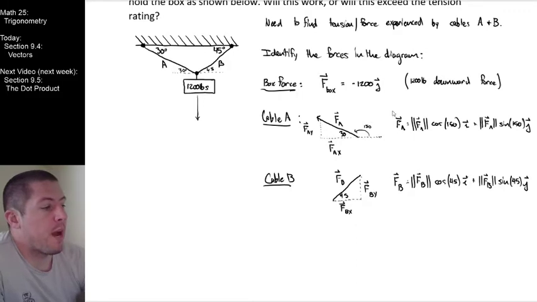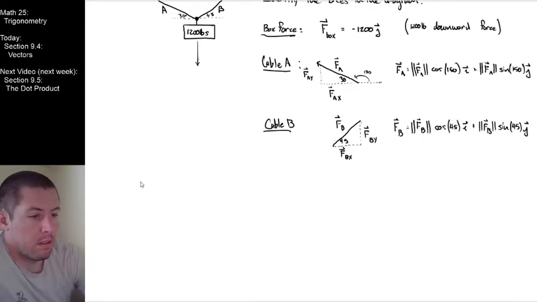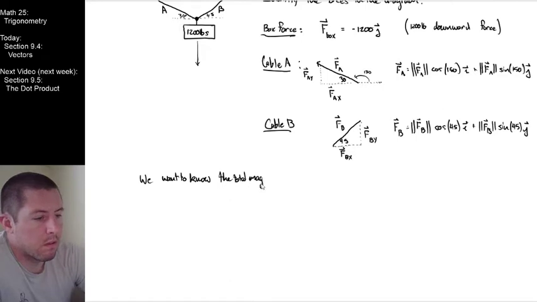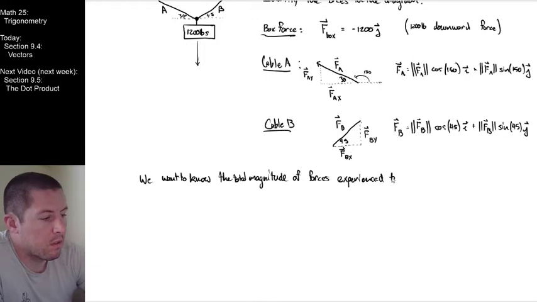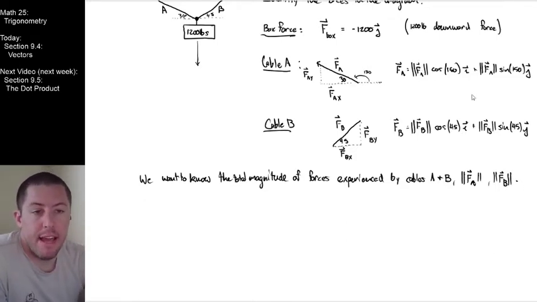Now, what our issues here are is that we don't know what the magnitudes are for A and for B. So our goal is to find these numbers, FA and FB, in these equations.